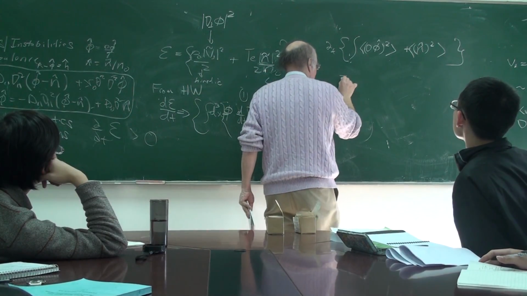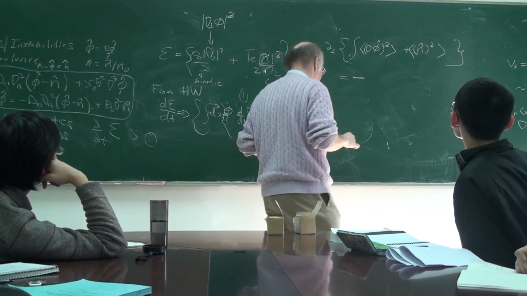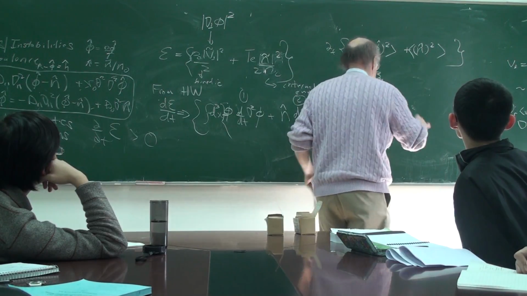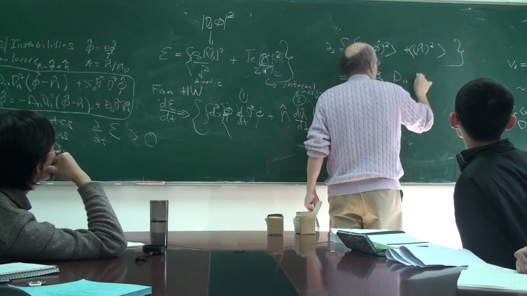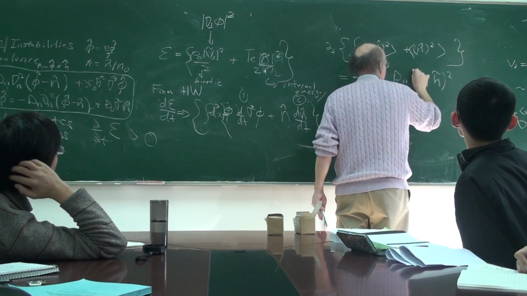It is equal to a sum of two terms: a dissipative part, the integral d cubed x times d parallel times grad parallel h tilde quantity squared.